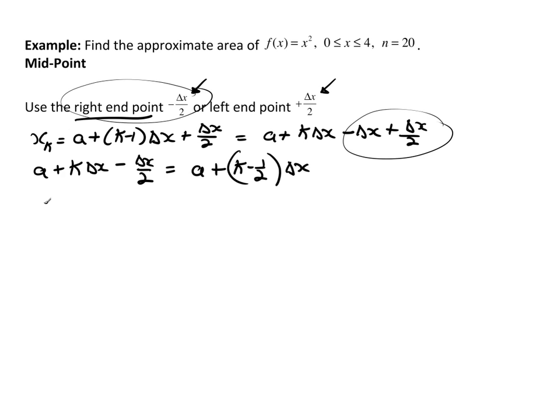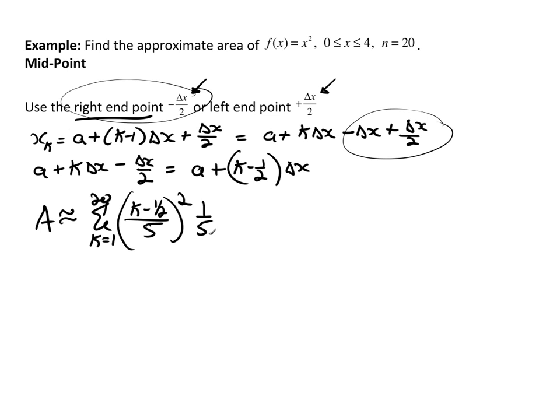So my area approximation is going to be the sum k equals 1 to 20 of k minus 1/2 over 5 squared. Remember, this delta x is 1/5, so this is k minus a half over 5 times delta x, which is again 1/5.